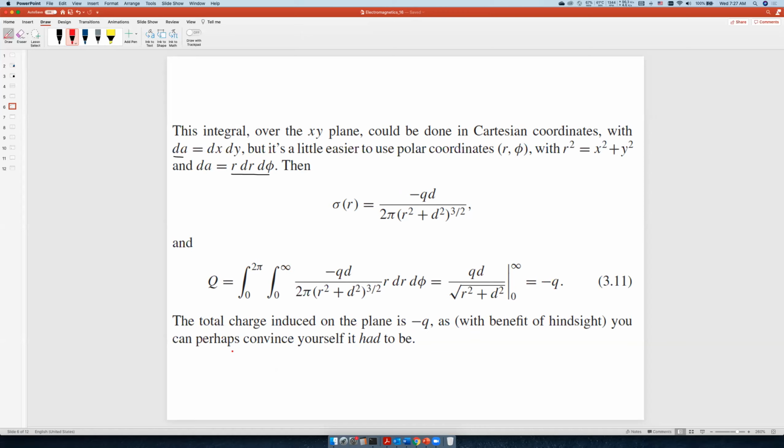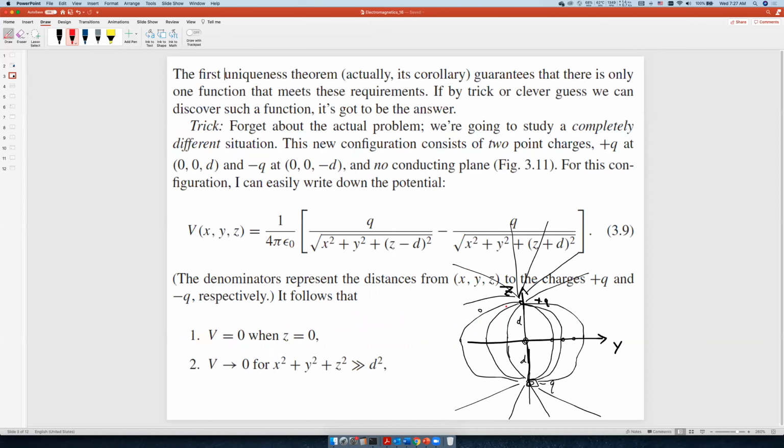As you can perhaps convince yourself, it had to be. If you think about the two situations, in this situation you have a negative Q here without any conductor plane.